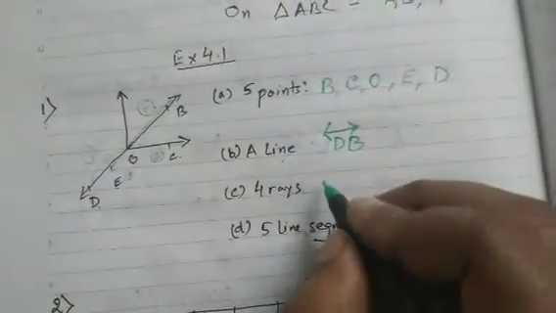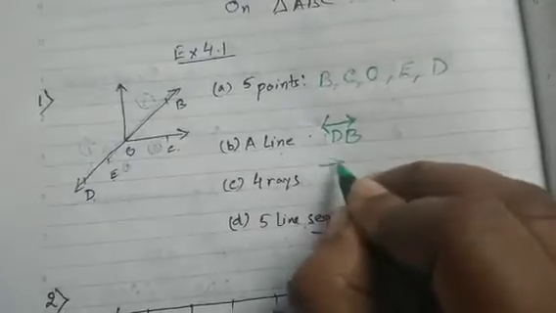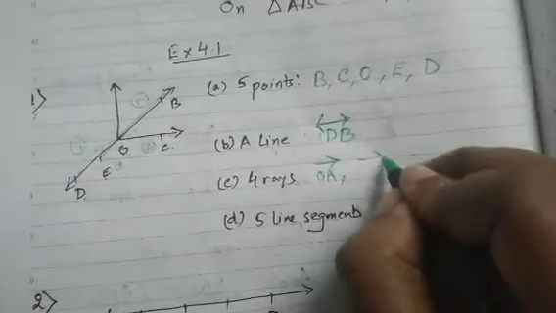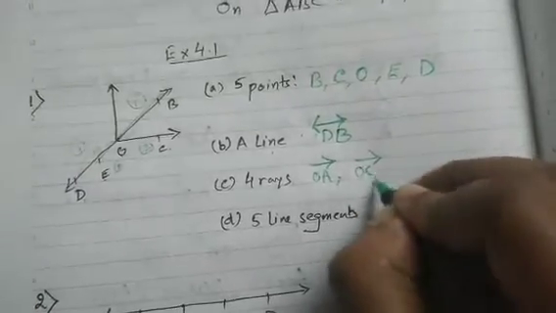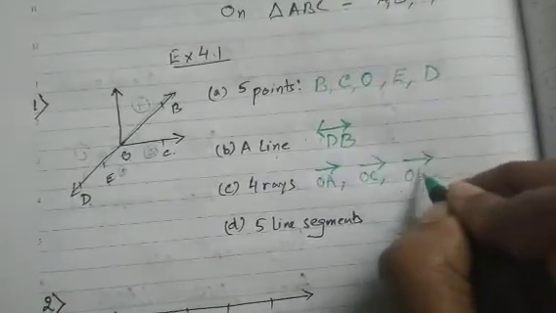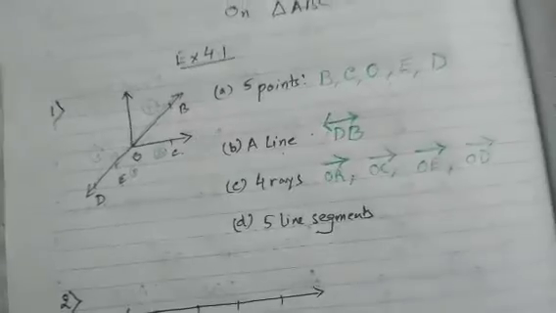Again, from wherever it originates, I write O first. So OA, next ray is OC, next ray is OE, and next ray is OD. Okay?